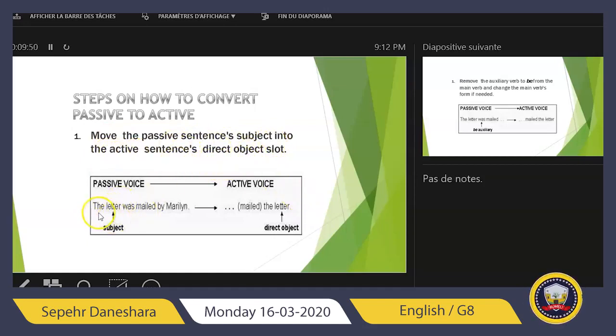Now, look at this example. The letter was mailed by Marilyn. Okay? You remember in the passive that the object is more important, but in the active, the subject is more important. Okay? Now look, what you're going to do is just to switch the subject, Marilyn, here in the active, and the letter will become the object.